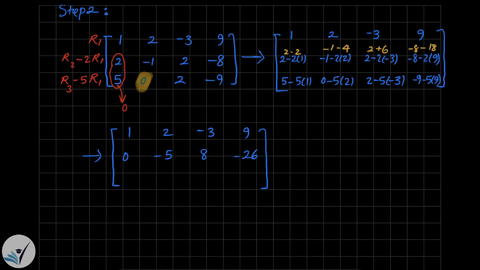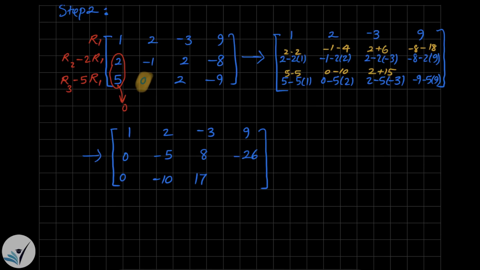Negative 26. On this third row we have 5 minus 5, 0. 0 minus 10, we have negative 10. 2, negative 5 times negative 3 is positive 15, so we have 17.